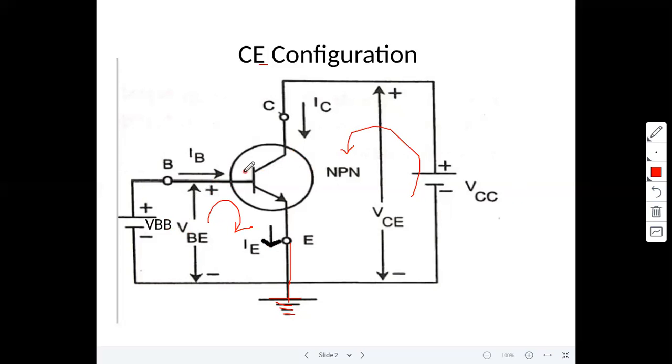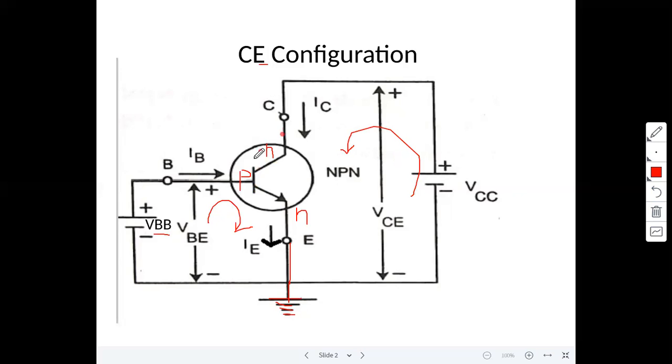This is an NPN transistor, so this is the P-type material, connected to positive here, and this is N, this is also N. Now this junction is forward biased. Here we have to apply VBB in such a way that it makes the emitter base junction forward biased.